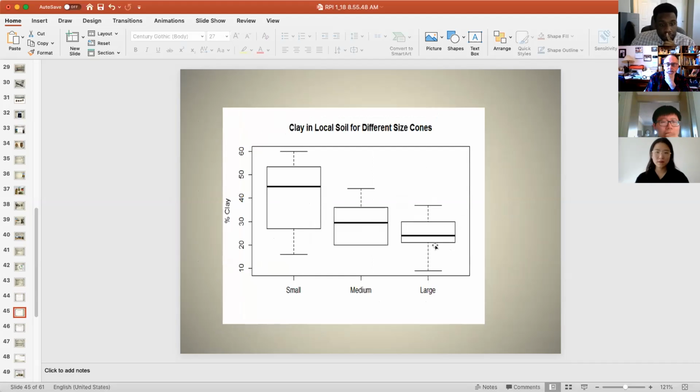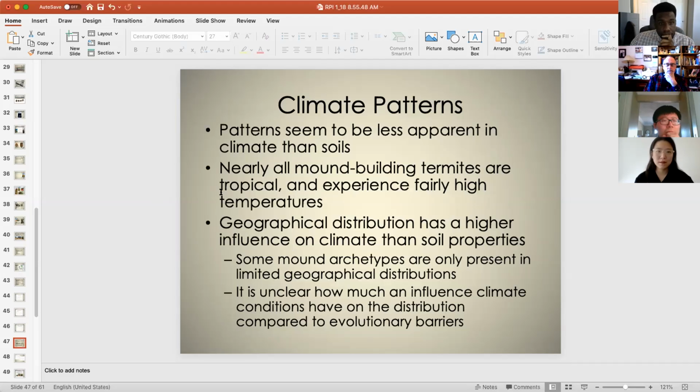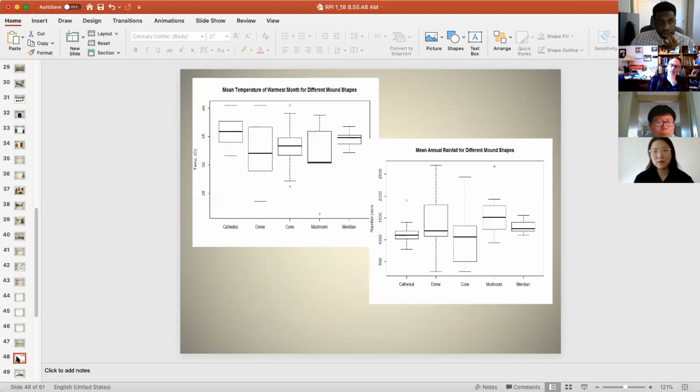With different sizes of conical mounds, the larger the percentage of clay, the smaller your cone was going to get. You needed a smaller clay percentage and more sand to get the larger mounds. Again, I'm trying to do this all in 2 minutes. Climate seemed to be a less apparent correlation than soils. There really wasn't a high correlation there, which goes against a lot of the conventional wisdom and publications on what termite mound shapes look like.